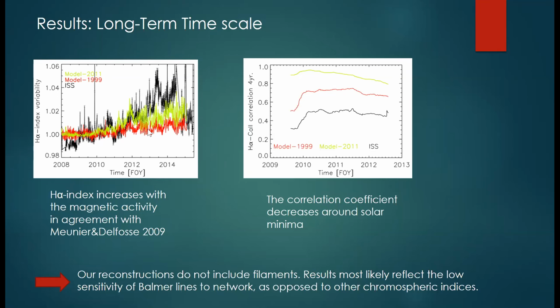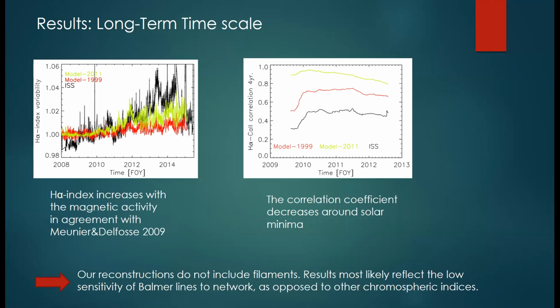The plot on the right shows the correlation coefficients between H alpha and calcium. And as you can see, in agreement with the results presented by Meunier and Foss, we also find that during periods of lower activity, the correlation coefficient between H alpha and calcium II seems to decrease. And the agreement here between the models and the observations is qualitative, but pretty good.